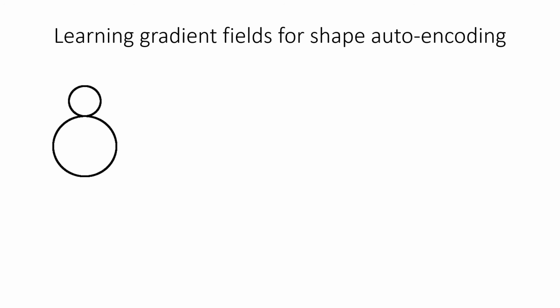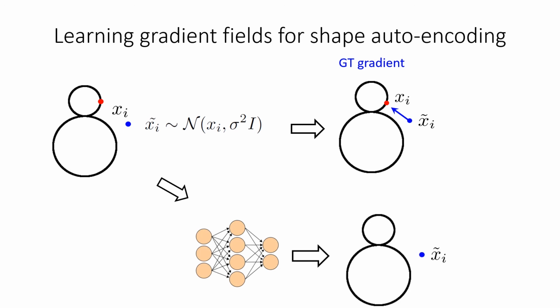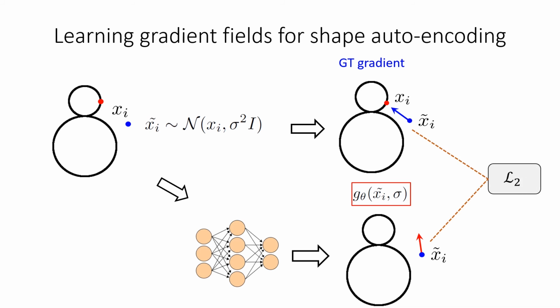Putting it all together, our approach is as follows. As previously described, given a point on the surface, we perturb it with Gaussian noise and get x tilde. We compute the ground truth gradient of x tilde, and the network takes x tilde and a noise level sigma as input and predicts its gradient. We use an L2 loss to optimize our network.